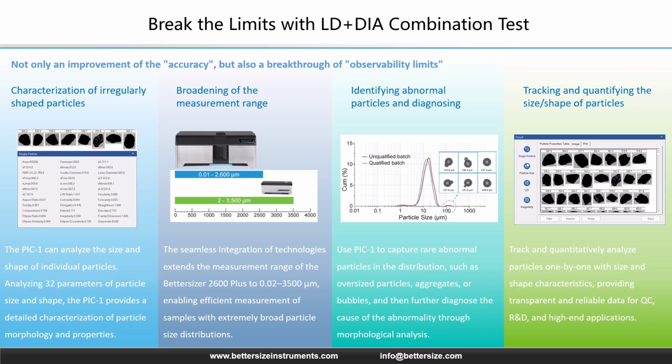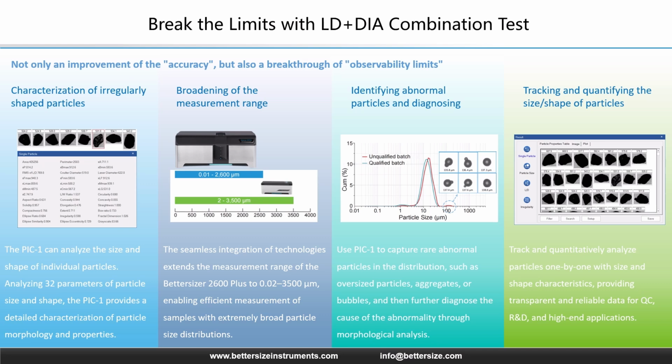Consider samples like river sediments or soil. These irregular particles violate the equivalent sphere assumption of laser diffraction, creating an inherent observability limit where the model calculates a diameter but misses the physical reality.